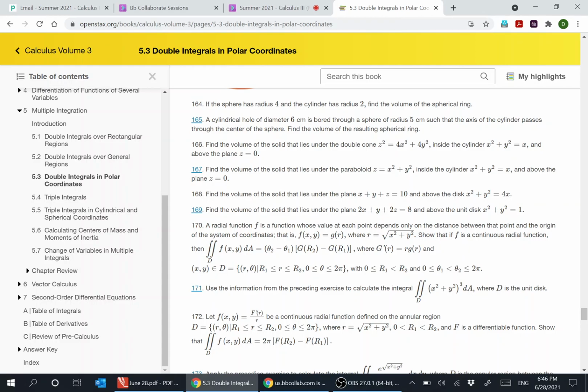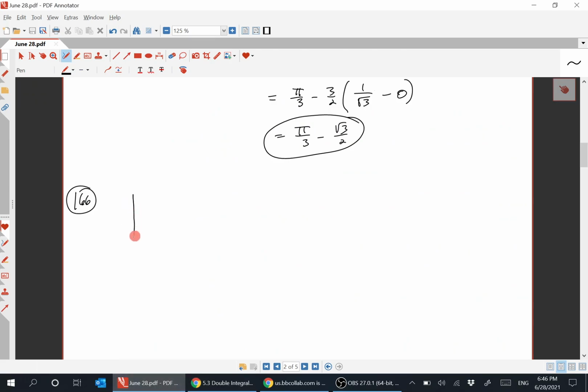So we have the cone, which is more of a tall, thin cone: z squared equals 4x squared plus y squared.